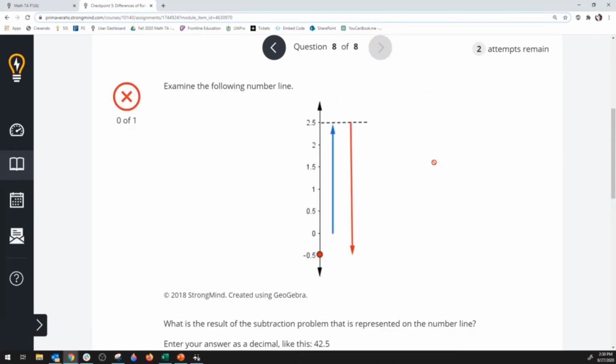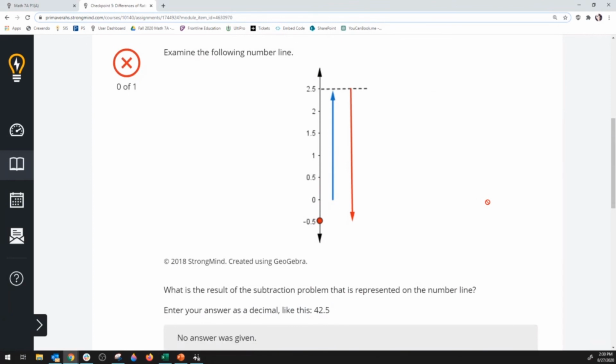Alrighty, last one here. I've seen a lot of people get this one wrong because they're putting too much for their answer. The question isn't asking you to write an expression or an equation. It's not asking you to put, well, I'm adding this number and then adding this number and it equals this. It's only asking you for the result of the subtraction problem.